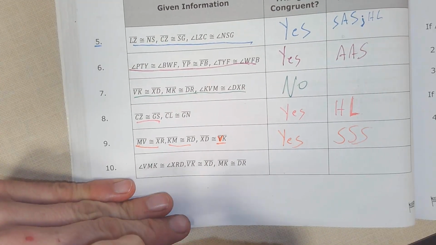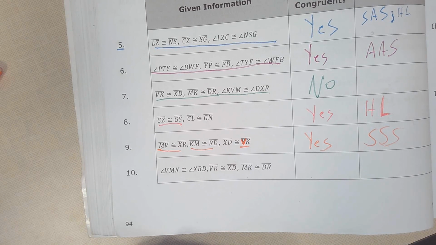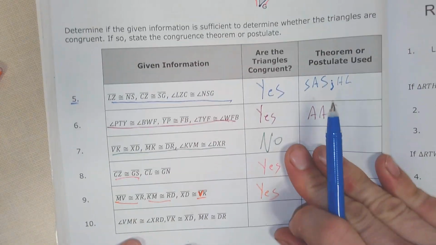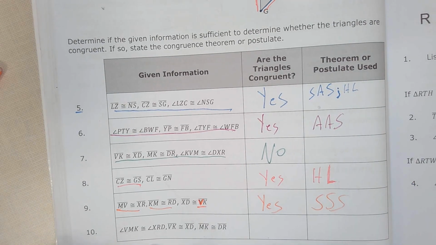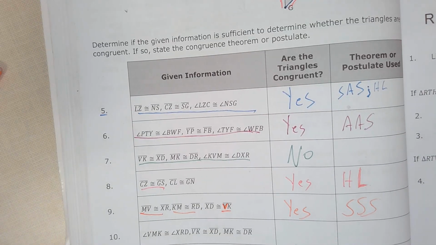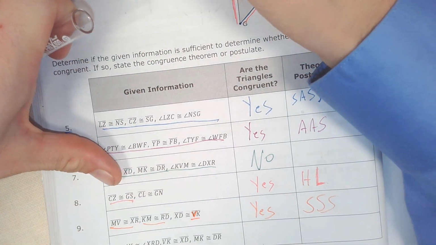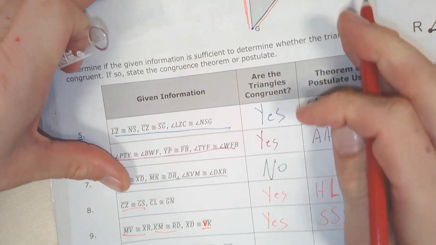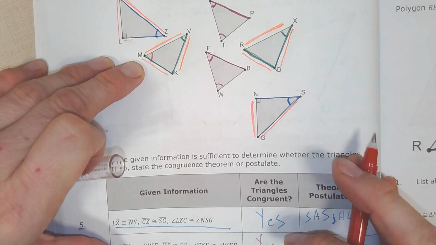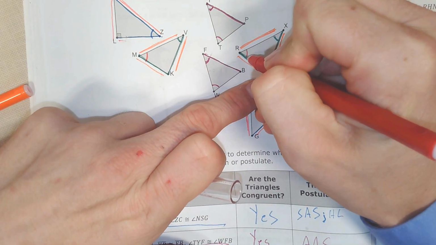That's a typo. All right, and then finally we have, let's see, I'll go with blue again. I'll repeat blue. And then we have VMK. I can use red. I haven't used red yet. All right, so I have VMK. I have VM, M is the vertex. They have XRD with R as the vertex.